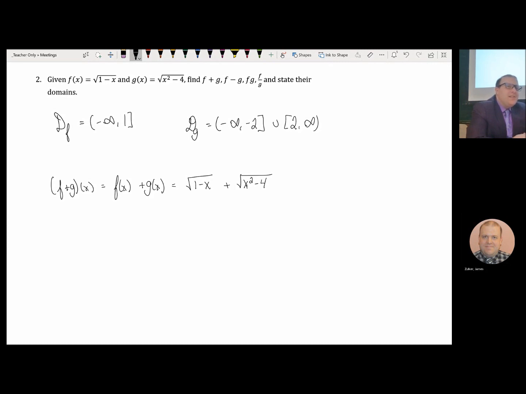And again, sadly, I have a lot of students in higher calcs that go, oh, that's just square root of A plus B. No. Square roots do not distribute across addition or subtraction. They do, however, distribute across multiplication and division, but not addition and subtraction.